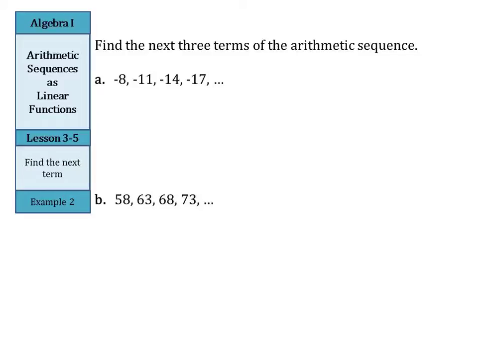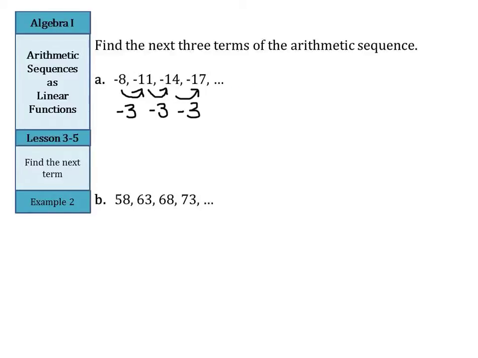Now we can also look for the next 3 terms in an arithmetic sequence by looking at the common differences. We're told this is already an arithmetic sequence, so we can assume that whatever common difference we find will continue for the rest of the sequence. For the first one, from negative 8 to negative 11, we're going down 3, or negative 3 here. From negative 11 to negative 14, this is down 3, and negative 14 to negative 17, this is down 3.